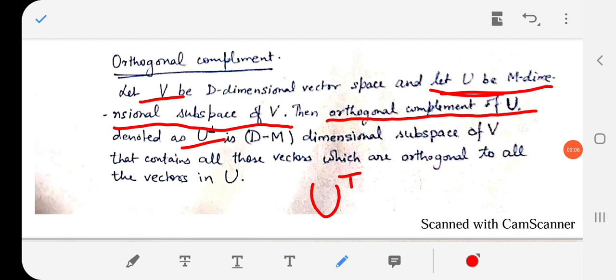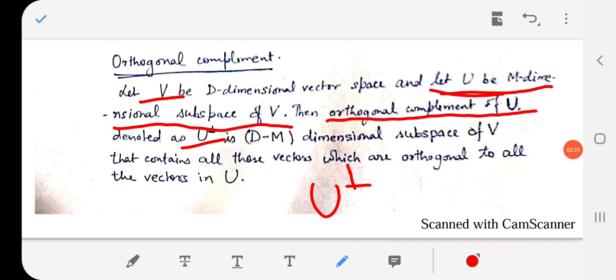This orthogonal complement is also a subspace of V and is d minus m dimensional.